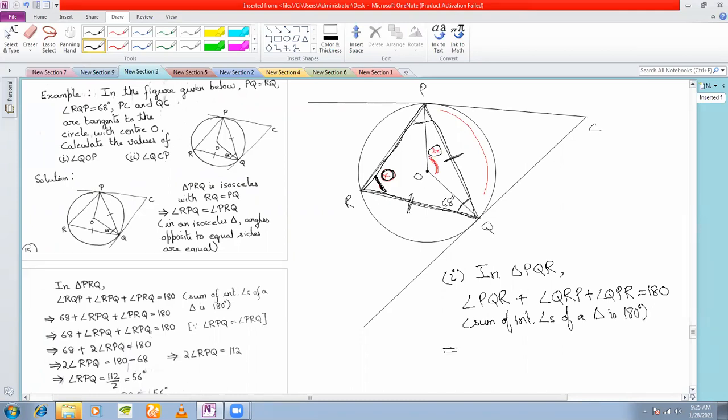Now just put the values. 68 is your PQR, and angle QRP is equal to angle QPR. The two angles are equal, right?